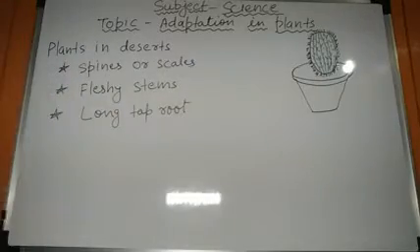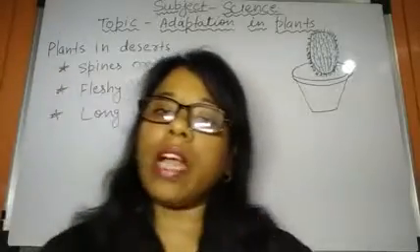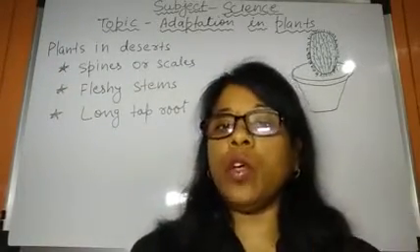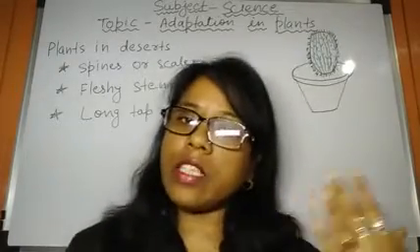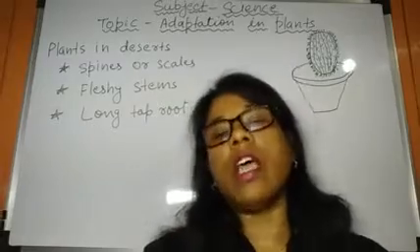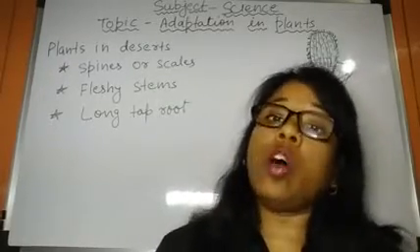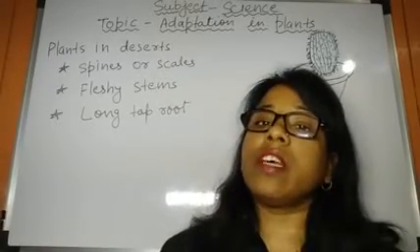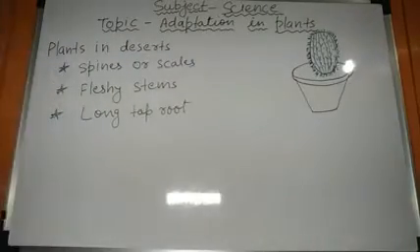Spines and scales are there in desert plants. So the leaves are converted into spines and scales, so they can reduce water loss. You know that during photosynthesis the evaporation process occurs. That evaporation means loss of water. That loss of water is prevented by desert plants by thorns and spines. Fine.